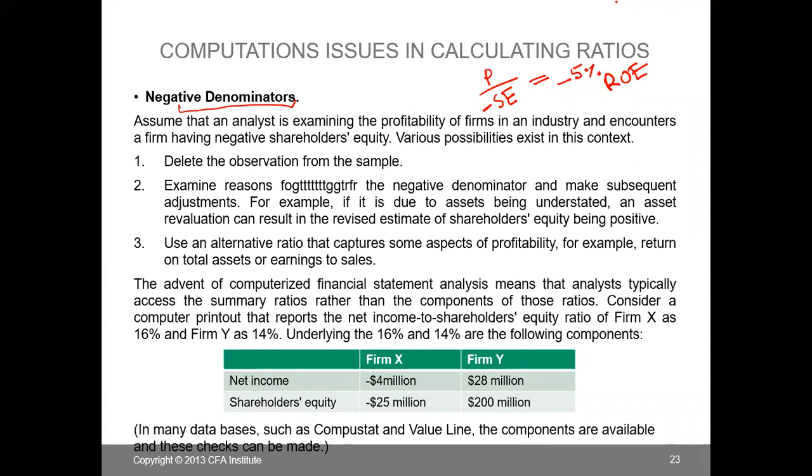Rather, think of a company which has accumulated loss. You see that accumulated loss is summed up into retained earnings. And if you retain earnings, you know the composition of shareholders' equity.